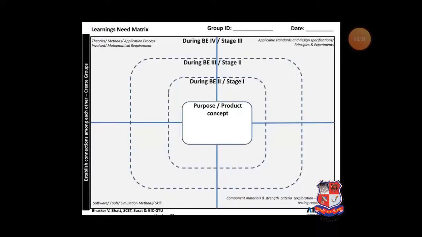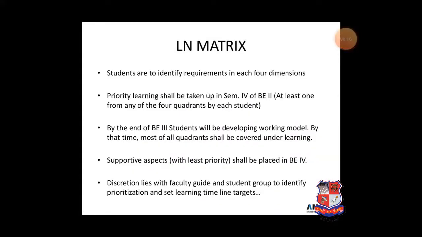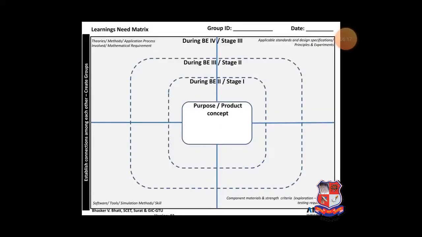So let's see. This is the Allen matrix prepared by the GTU. Here 4 quadrants are there. Quadrants give the most important things.